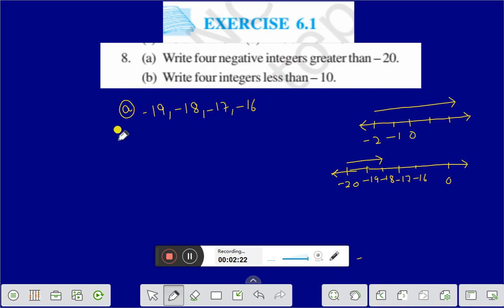Now question number B. Question number B is, write 4 integers less than minus 10. Less than minus 10.